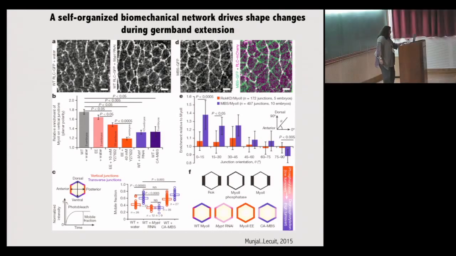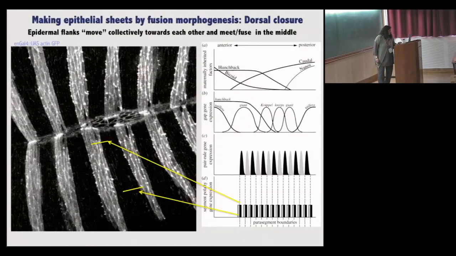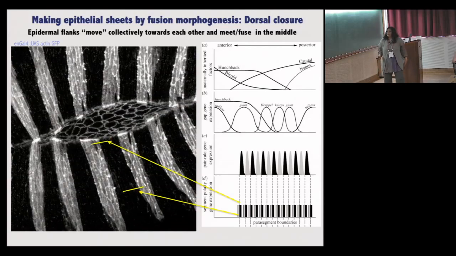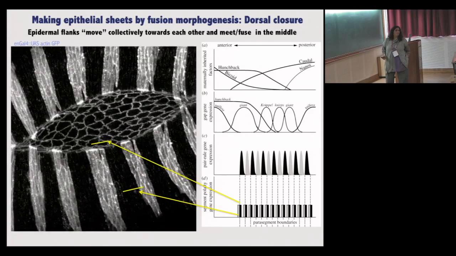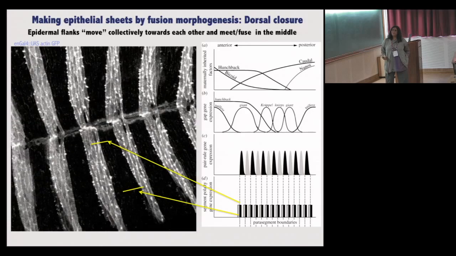Okay, so I'm now going to move to looking at a third process, which accomplishes what you might call the fusion of a sheet so that you create a continuous sheet.